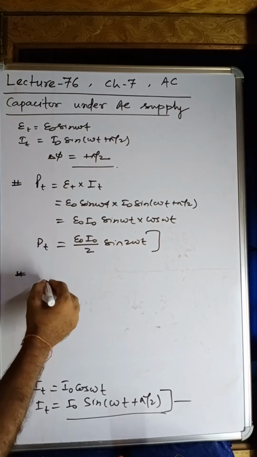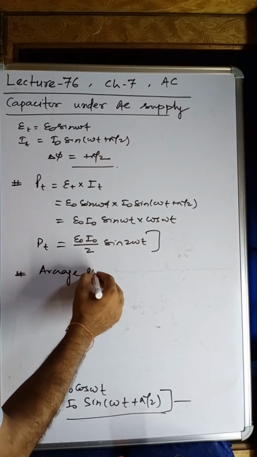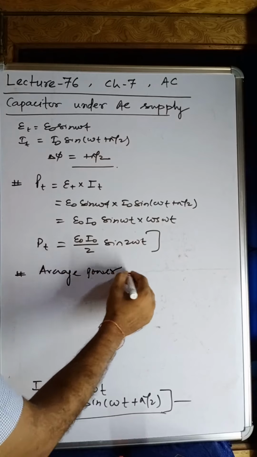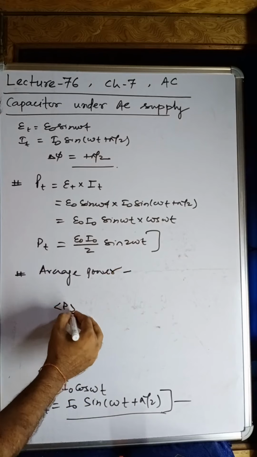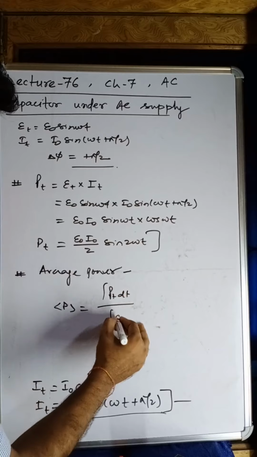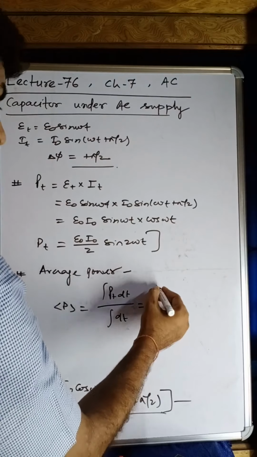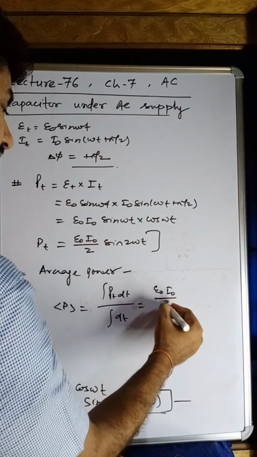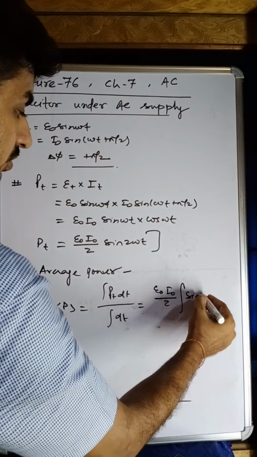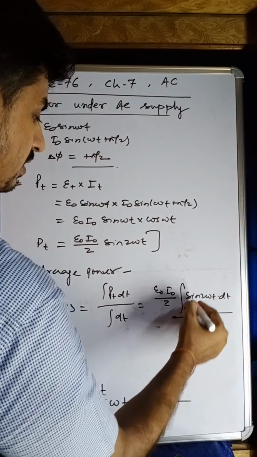Now the average power. My dear students, it is the integral of P(t) dt. Again and again I write this formula. You should remember: integral of E naught I naught by 2 sine 2 omega t dt by T for the full cycle.